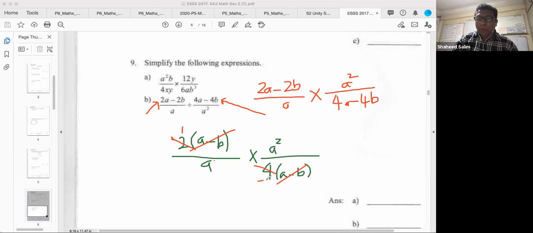Divide by 2, I get 2. There's still 2 down here. And then divide by A, I get 1. Divide A, I get A. This A squared now, A times A. So I cancel 1 and A. So the answer is A over 2. This is the answer. Are you clear now? You can see, you will get questions like this. You have to simplify it.